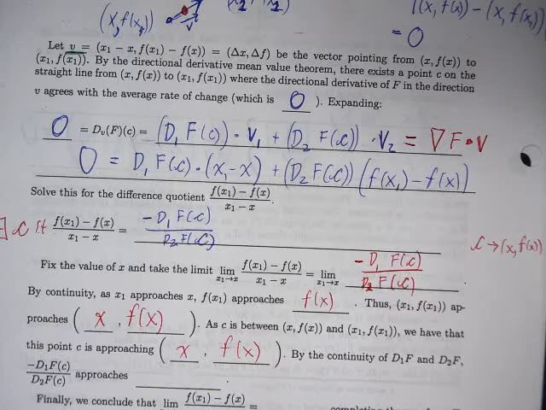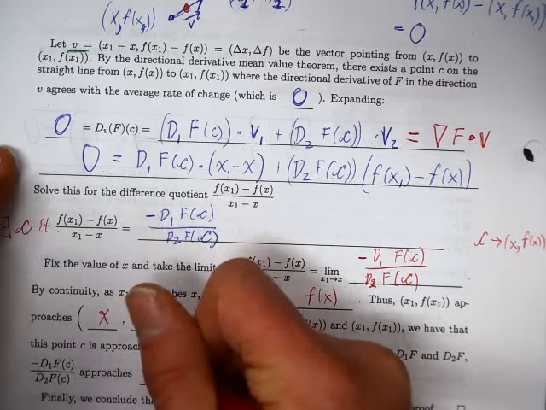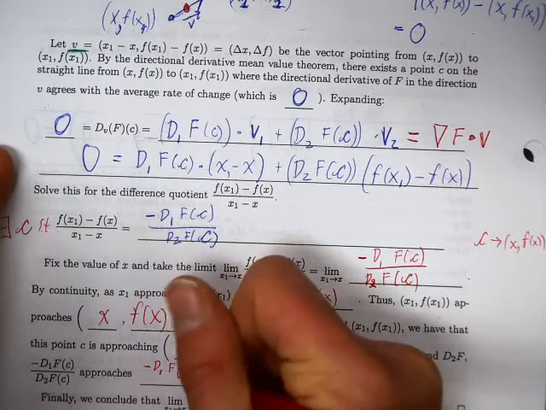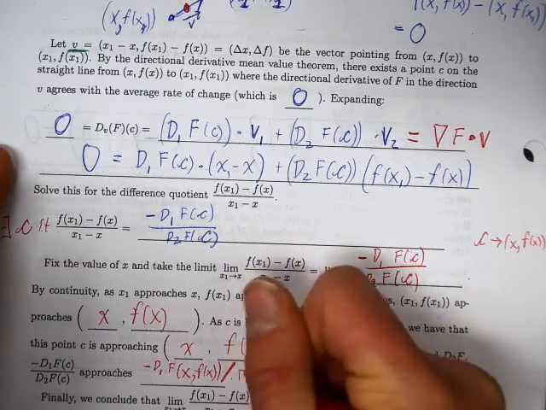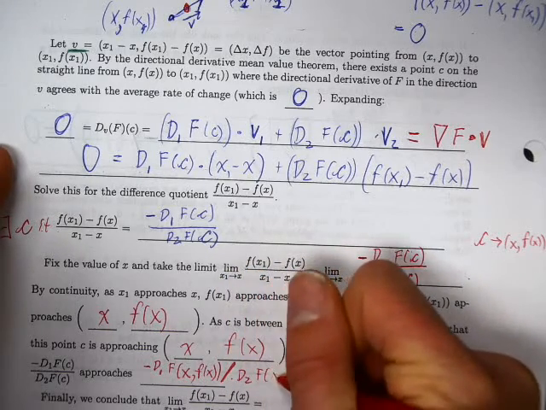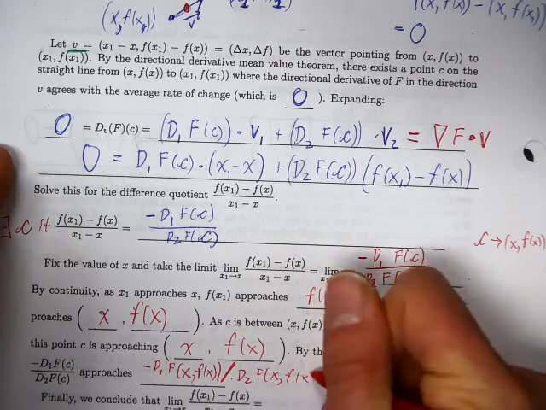So what is this fraction going to have to get close to? Replace the c's by the things the c's are getting close to: negative d1 F of (x, f of x) divided by d2 F of (x, f of x).